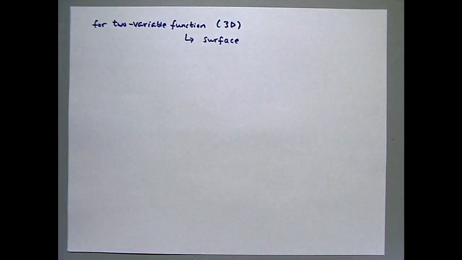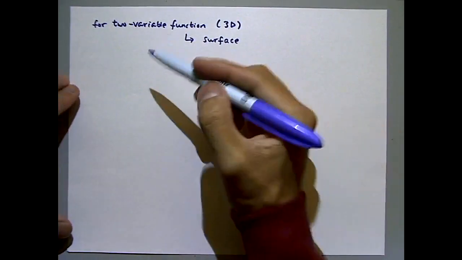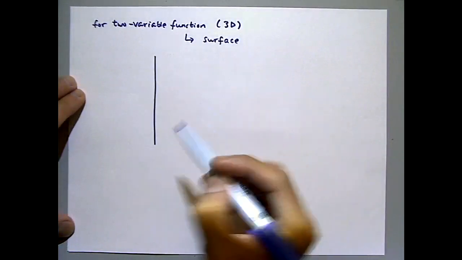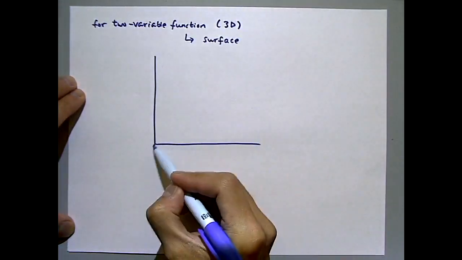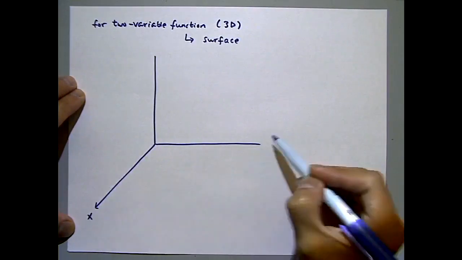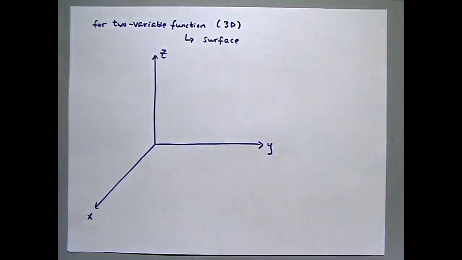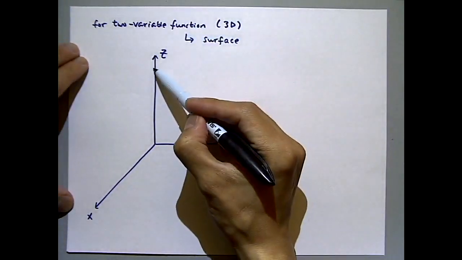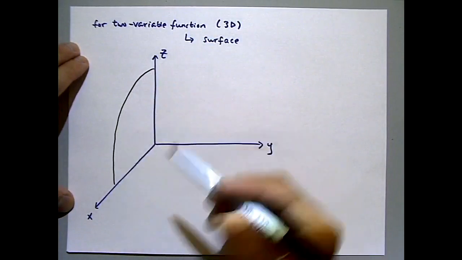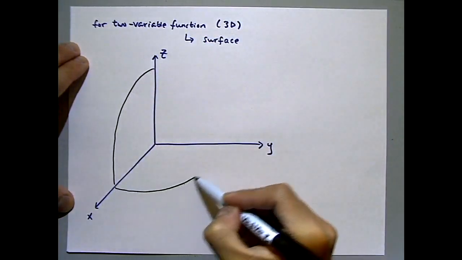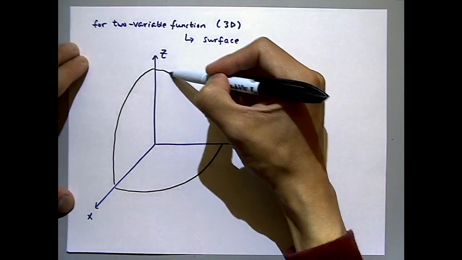So as an example, I'm going to use a portion of a sphere to illustrate what we're doing here. Okay, so let's look at the surface here, a portion of a sphere, in the first part where x, y, z are all positive.